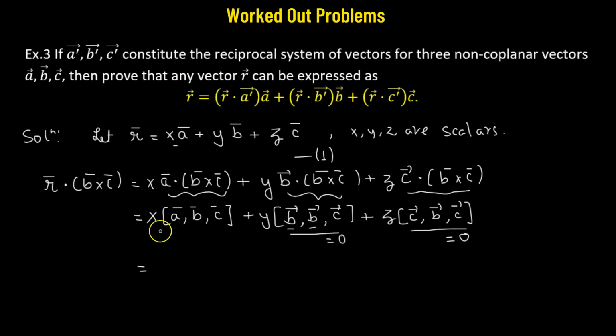That means we are only left with the first term, x times the scalar triple product of vectors A, B and C.